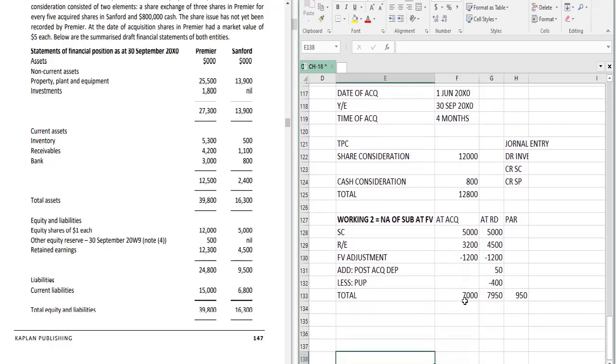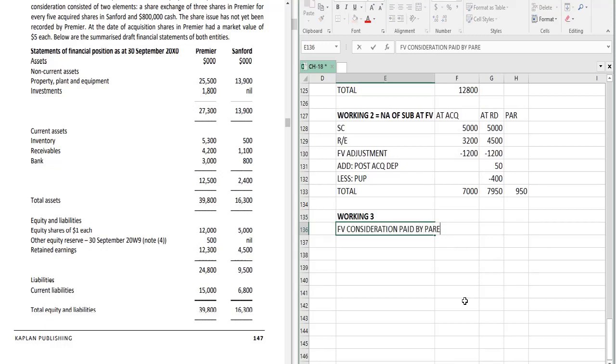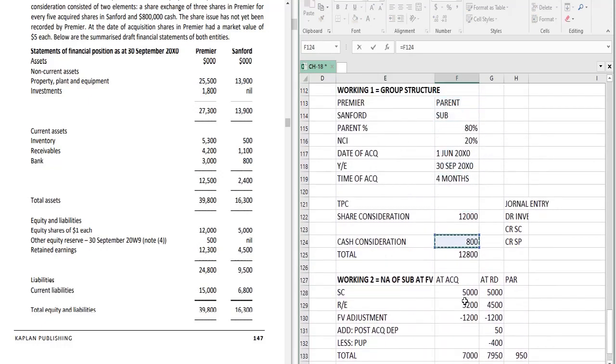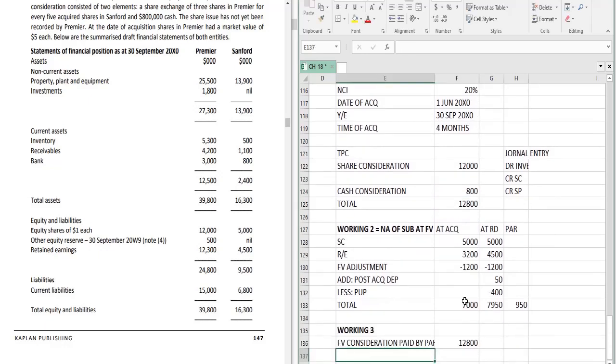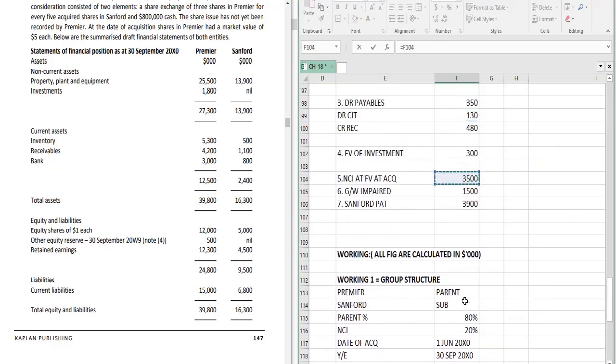Okay, so now we will move to working 3, which is for the goodwill. So the consideration paid by the parent, here we have, and NCI at fair value at acquisition, we have already noted it in the additional information section.